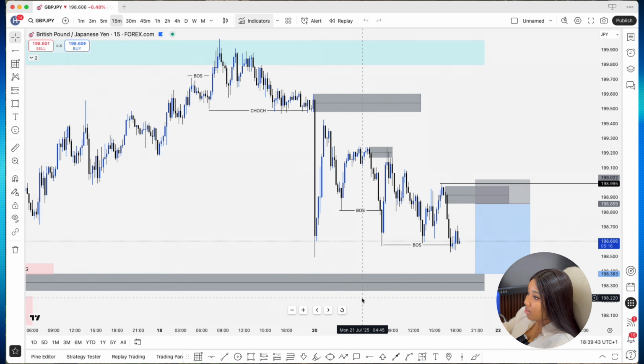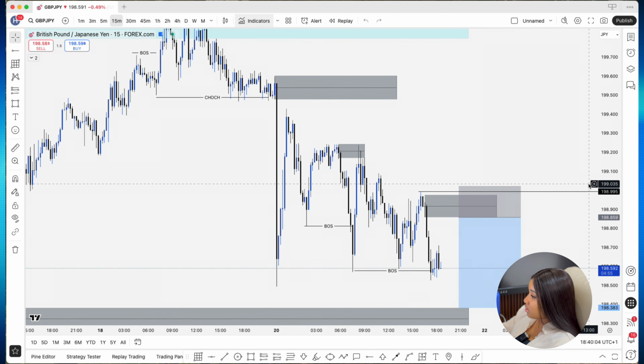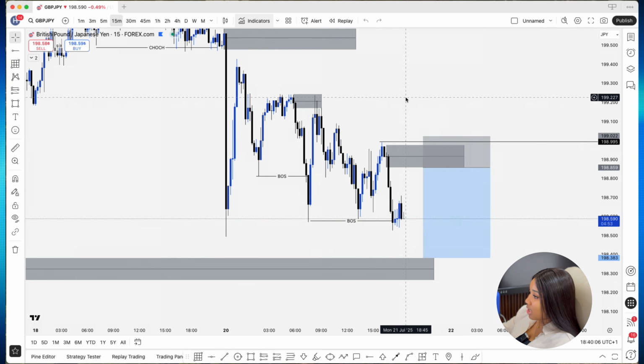The 1-hour time frame is to break down the internal structures the market is creating. I will start looking for possible points I can take my trades from. Now, from 30 minutes and 15 minutes, that is where I'm setting my traps. I will start setting my trap and wait for the market to tap me in. So that is just it.